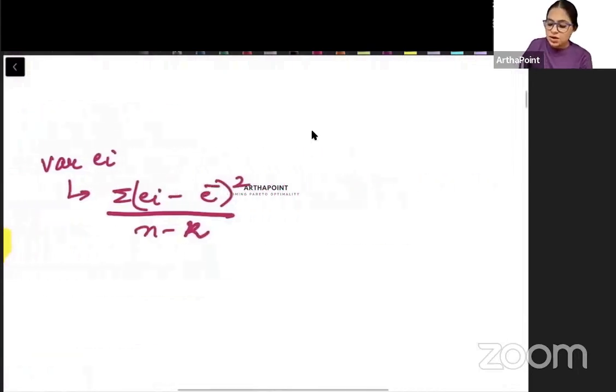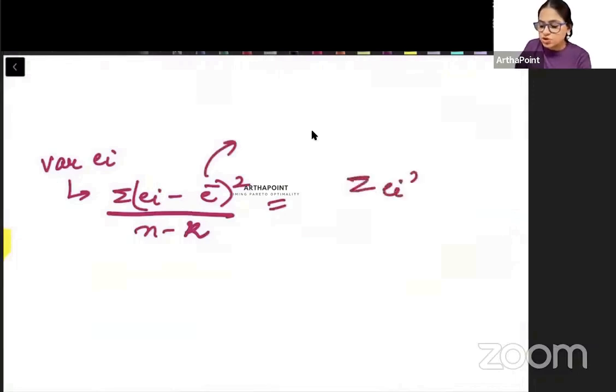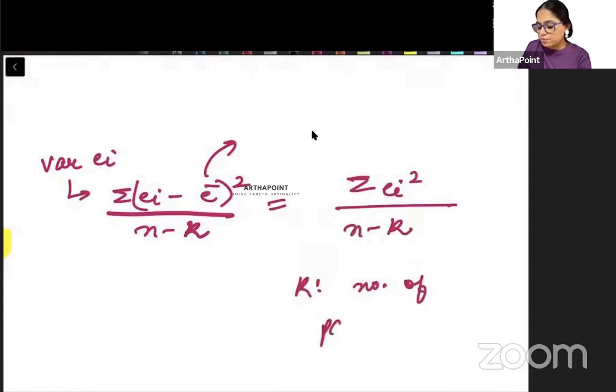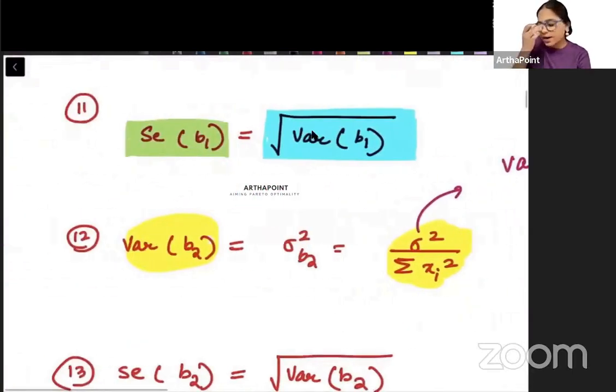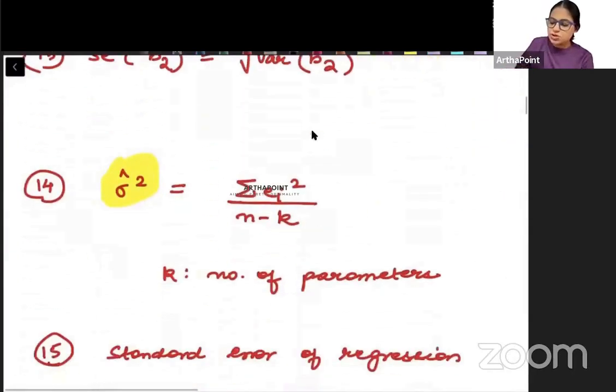ठीक है. Now we know that the mean of the error term is 0. So this will be summation ei square, ये 0 हो जाएगा यहाँ पे, divided by n minus k, where k is number of parameters.